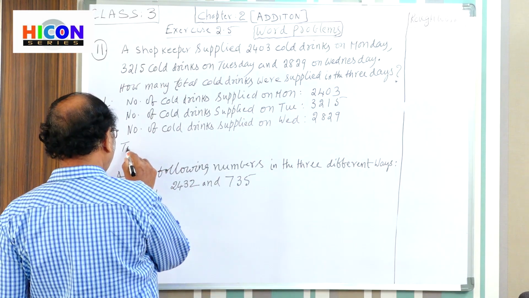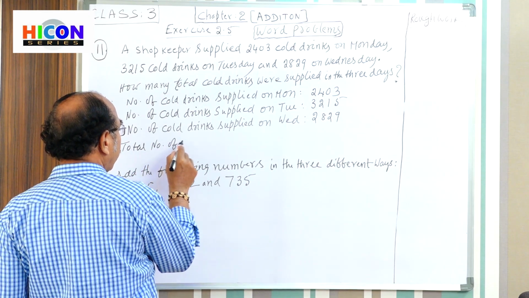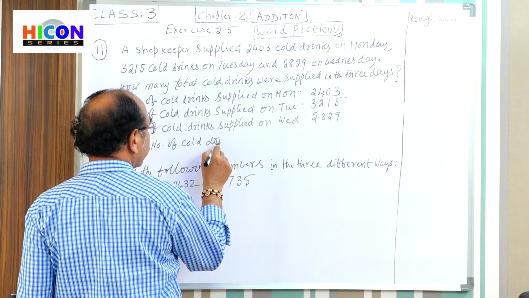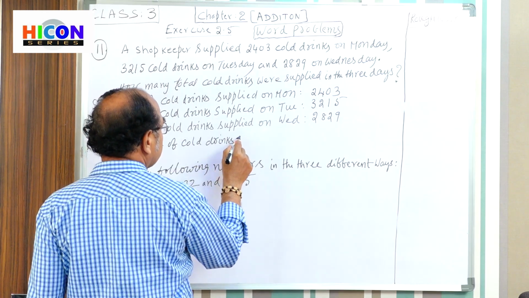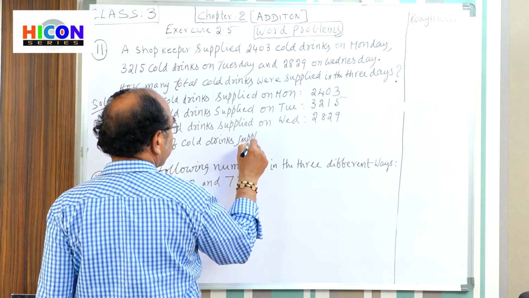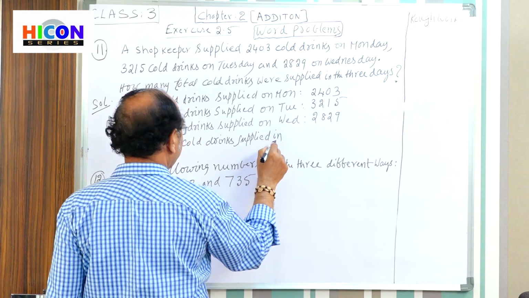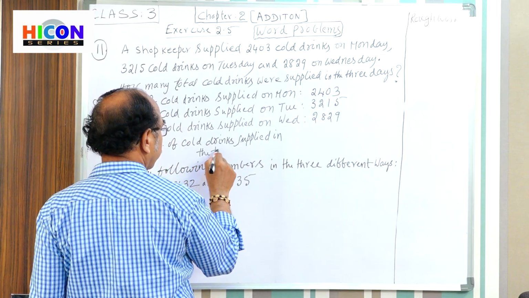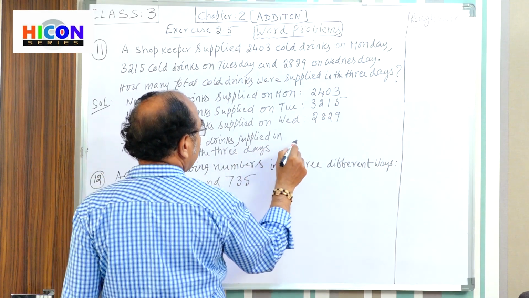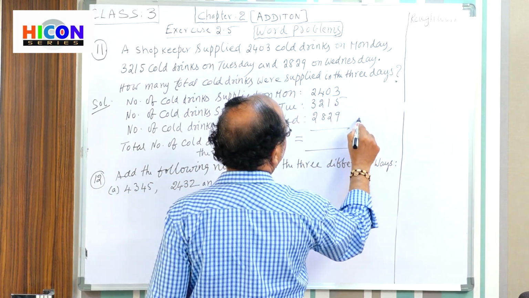So, total number of cold drinks supplied in the 3 days. How can we get it? Just by adding the 3 numbers.